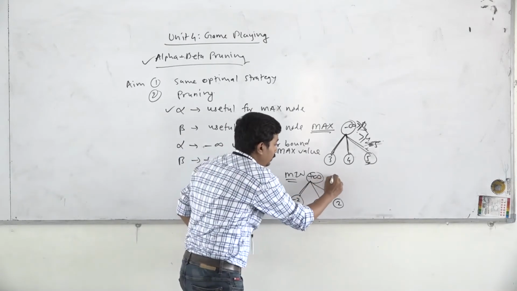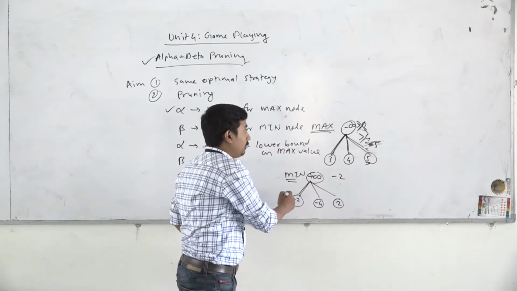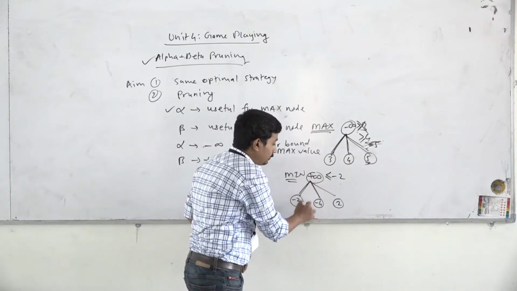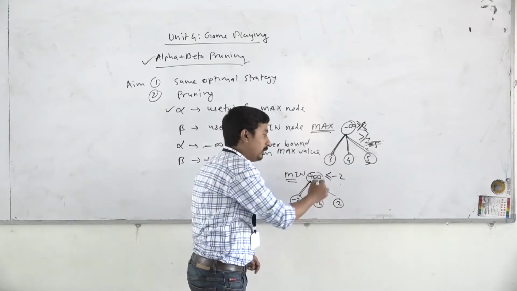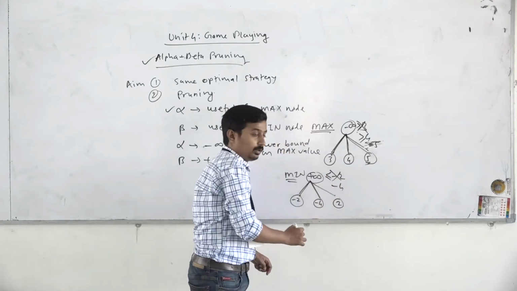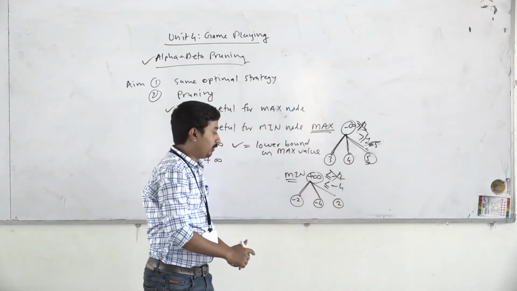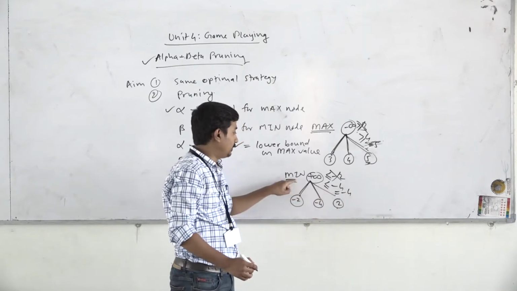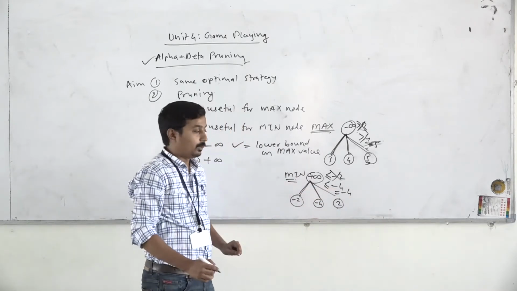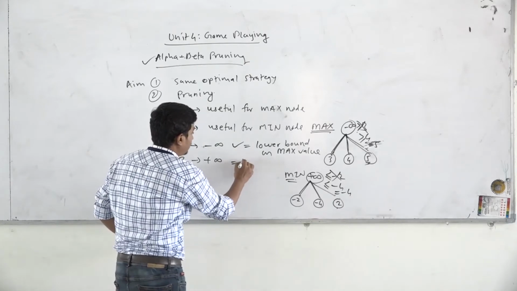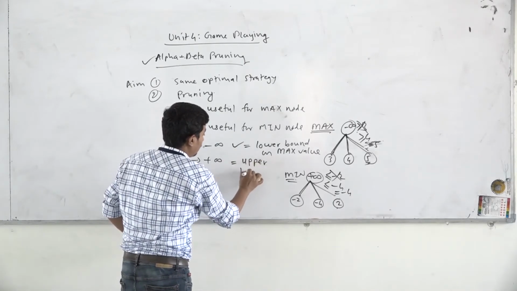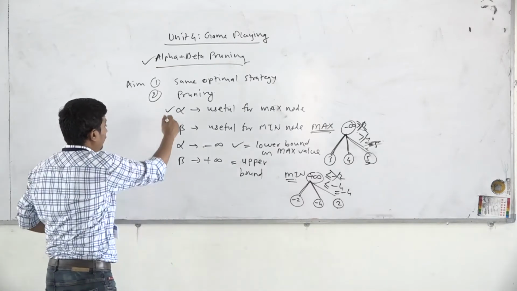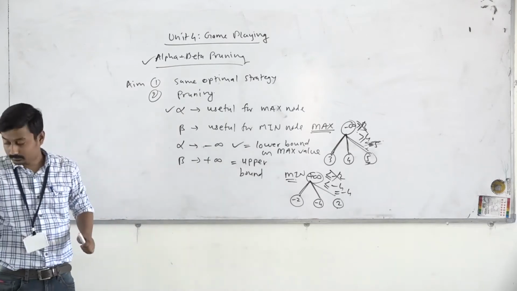It will be updated to minus 2, but the min node wants a value less than that. Then we visit this node, that is minus 4, which is less than that. So we update it and it becomes minus 4, but we want a value lower than that. Then we visit that, which is higher. So the beta value of this min node will become minus 4. That's why beta defines the upper bound. That is the significance of alpha and beta, so remember that.